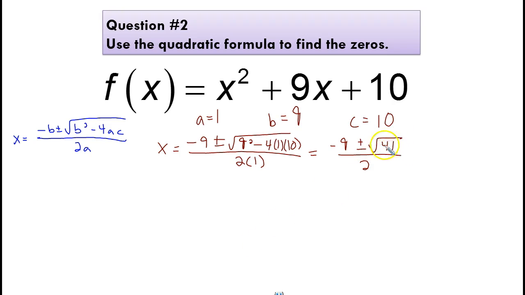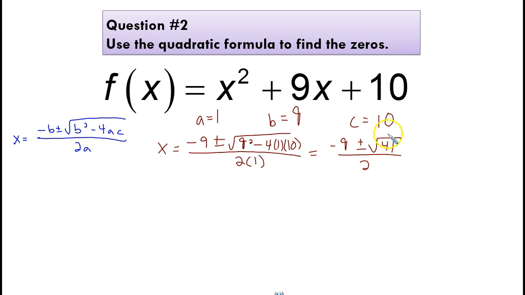Now, 41, I believe, is not a perfect square, and I don't think there's a perfect square that goes into it, because I think of perfect squares less than 41, like 4, which doesn't go into it, and 9 doesn't go into it, and 16 doesn't go into it, and 25 doesn't go into it. So 2 squared, 3 squared, 4 squared, and 5 squared don't, and we're almost too big at this point. 36 isn't going to go into it, and 49 is too big. So since no perfect squares divide into it, we can stop here.